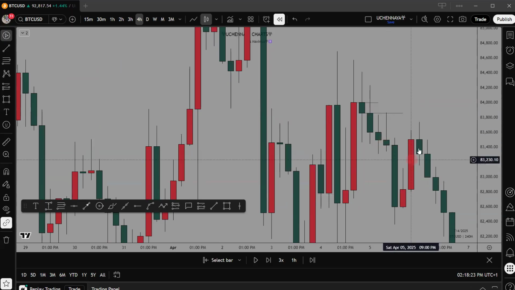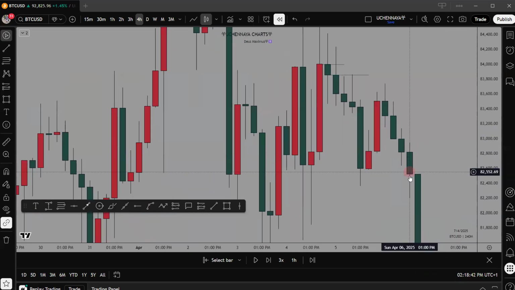Now, after all these setups price offered you here, now you start scampering for entry when it's not offering you any. See, fresh, fresh, fresh, fresh. There is no entry here.